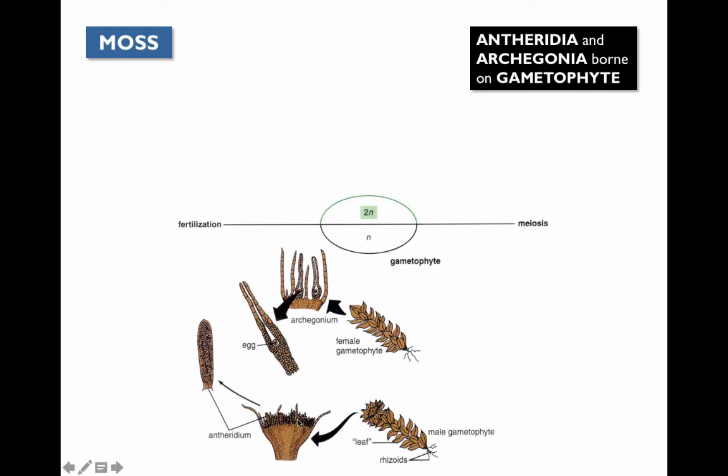Here's the top of that stem, and here is an antheridium. And here are the archegonia having their normal shape with a long neck with a canal running down it, and the egg embedded deeply within the archegonium.